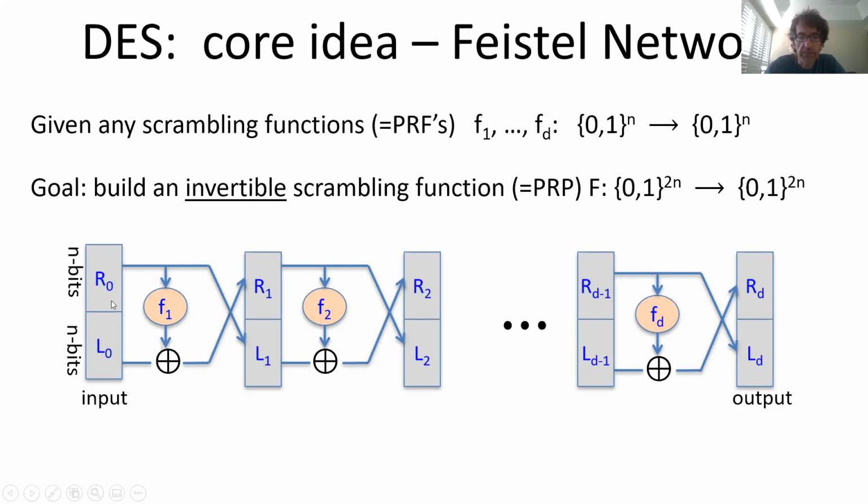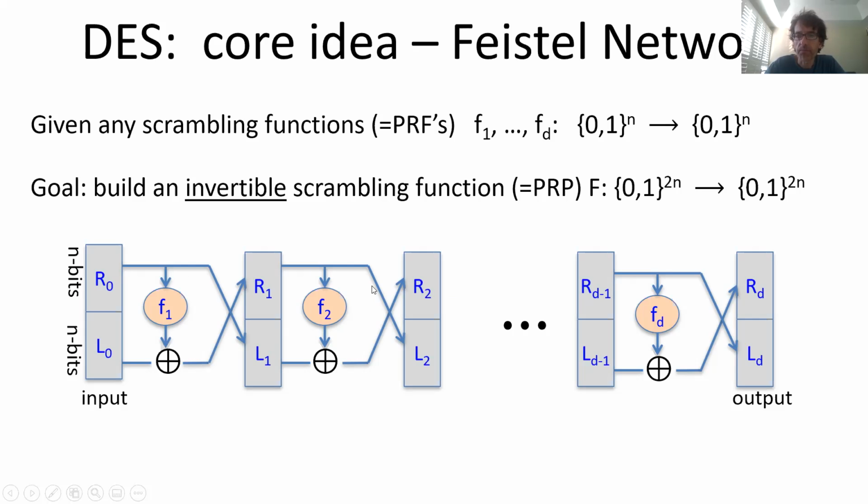So I take my input, I take the right-hand side, and I run the first PRF, so PRF with the first key, on this register, gives me n bits, and I XOR it with the left side of the input. And I take the result of this XOR, and this is my new right block, whereas my old right block simply gets copied as my new left block.